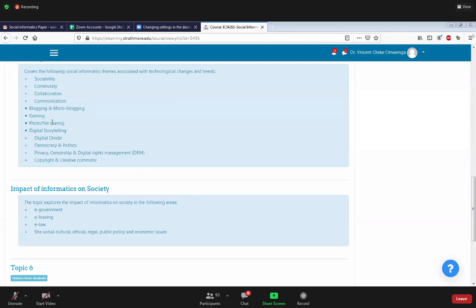Others are in the space of gaming. I think I'm yet to know the interest of most of you, but I think the first group of informatics that I taught, of course, they were not doing social informatics, but there was one unit that they did on gaming.